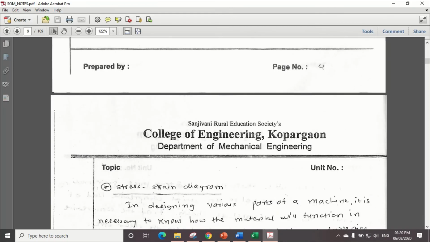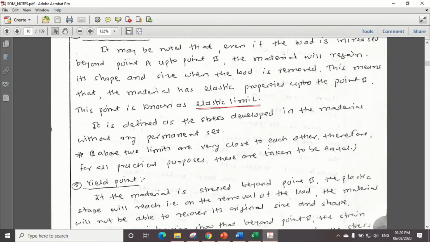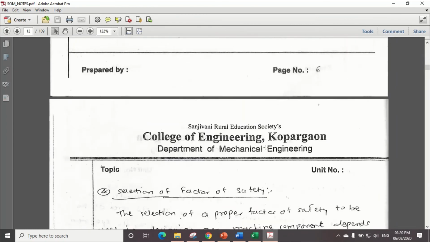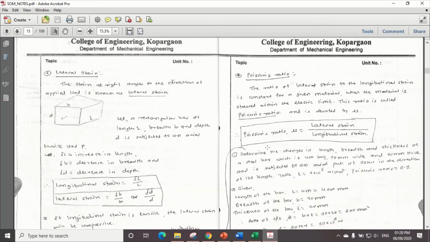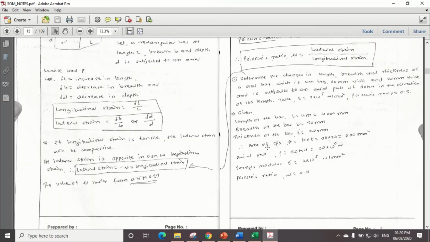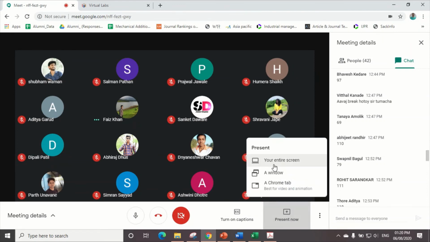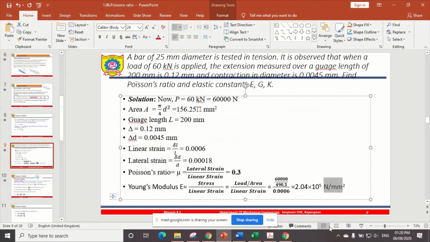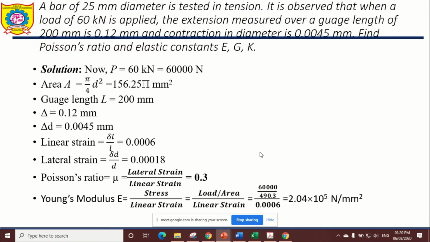So is there any problem in the linear strain, lateral strain, and finally Poisson's ratio? We only find out the ratio of the lateral strain to the linear strain, and that value will give us the Poisson's ratio. So this is the final answer.